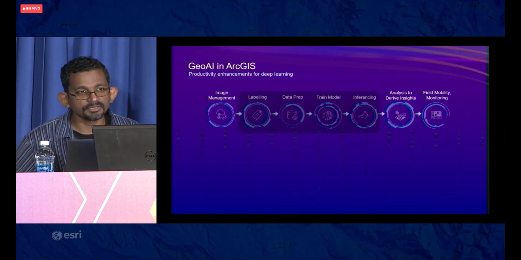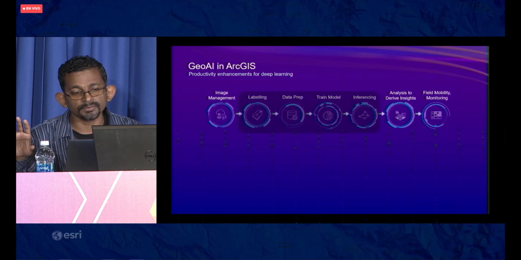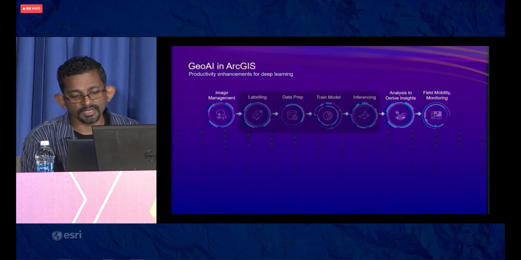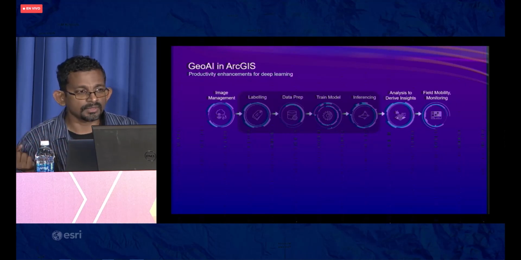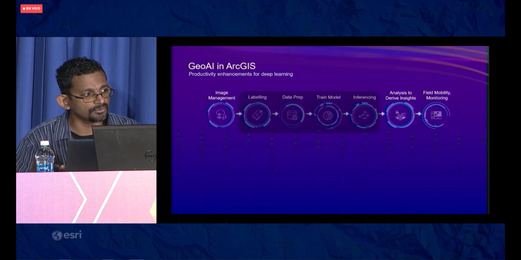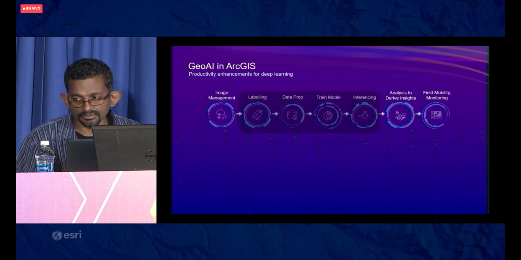Peter's talked about image server, which will enable you to scale serving out of images. So users working in the AI domain do not have to worry about image management. That is plugged into this AI pipeline. And you can perform downstream analysis on the results using geoprocessing tools or raster functions. And out of the box, as you're aware, there are more than 2,000 different geoprocessing tools.